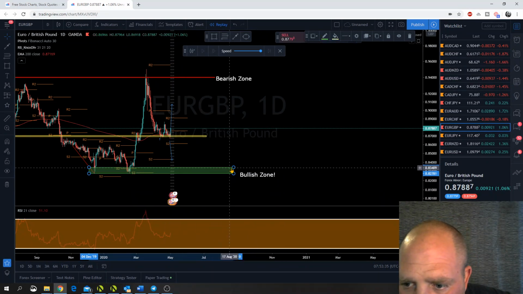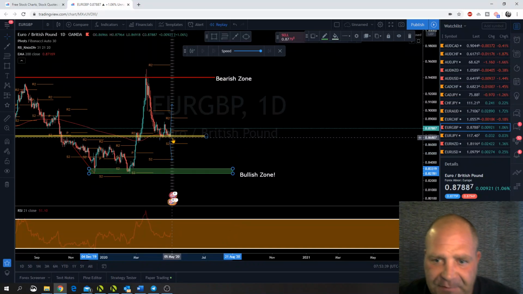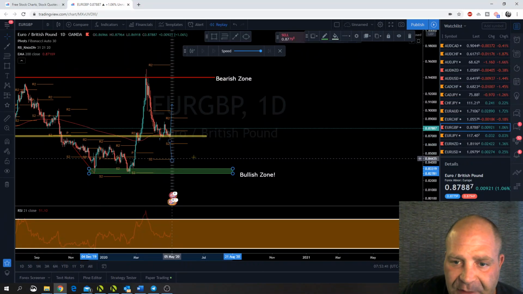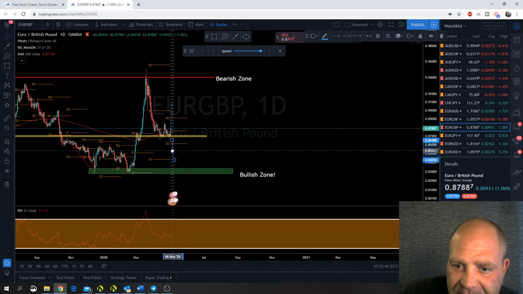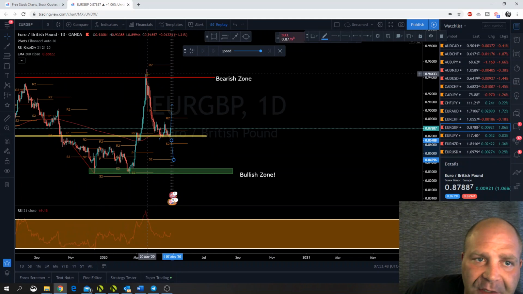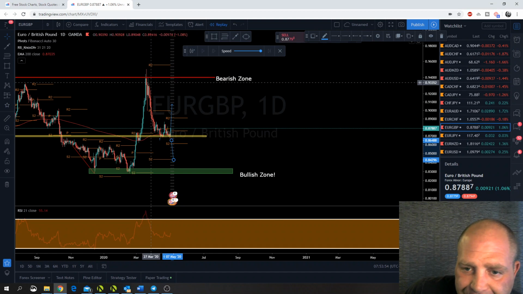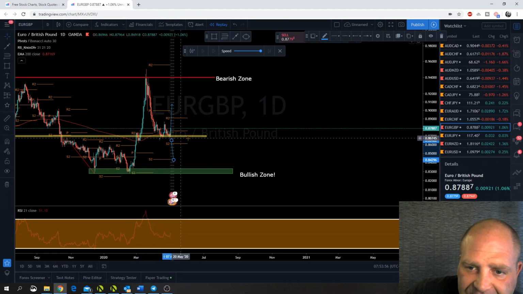There we go. So if we get a break of this make or break zone, I like this area of support. You can see this major bullish run here in March on this COVID stuff, and then price is sitting right back on the 200 EMA.